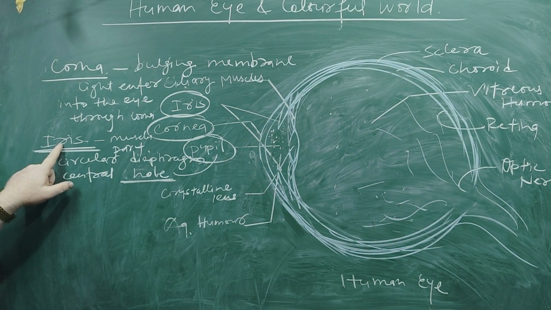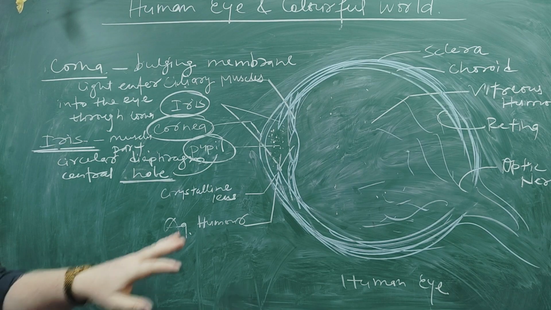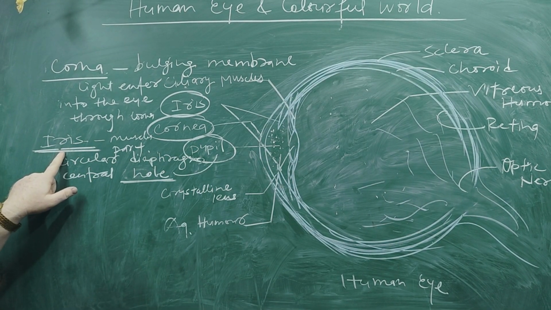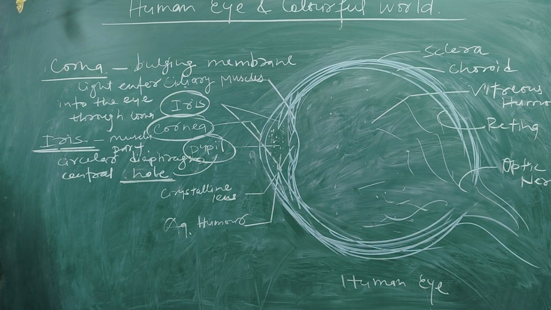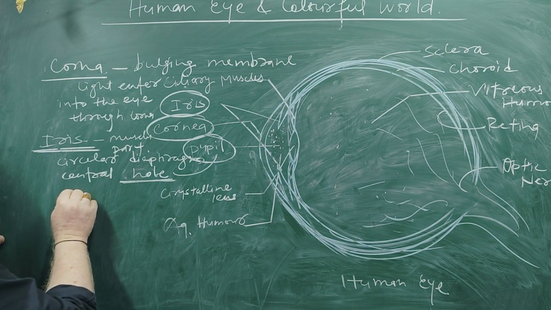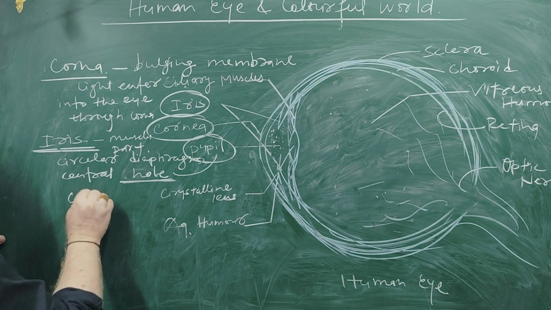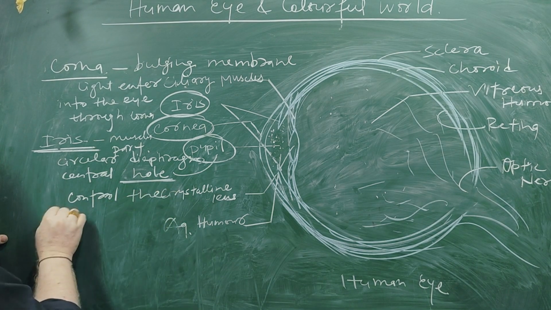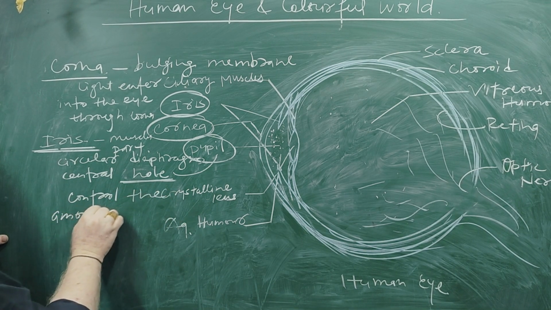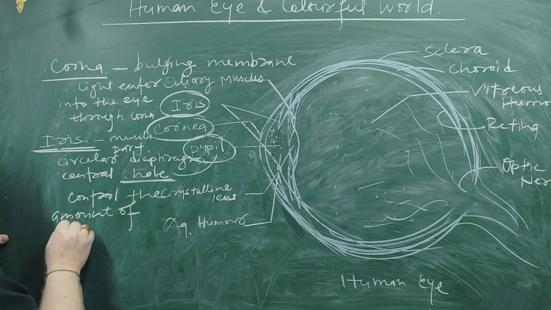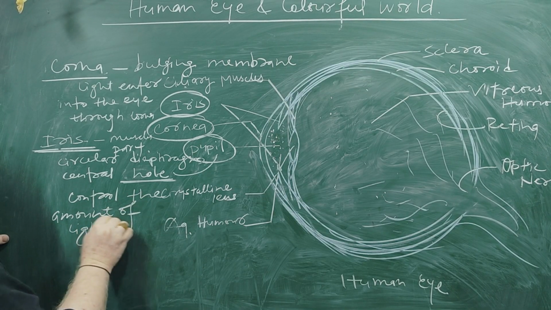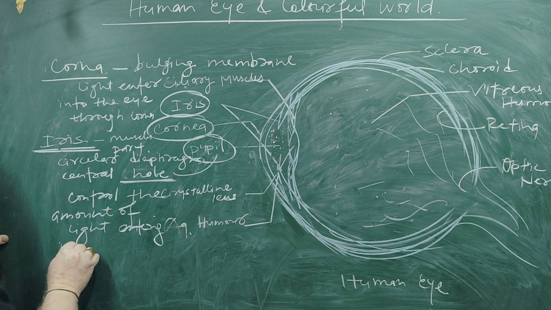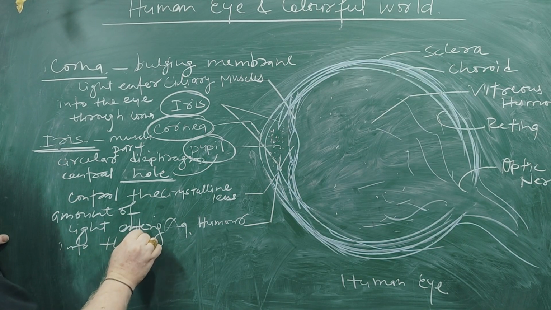In the exam they will not ask the function of pupil, they will ask the function of iris. So you write: it controls the amount of light entering into the eye.